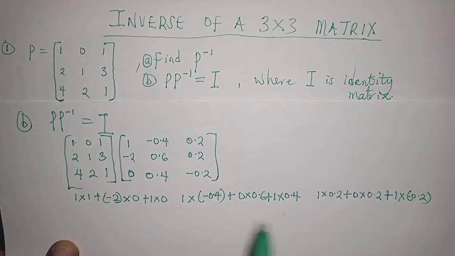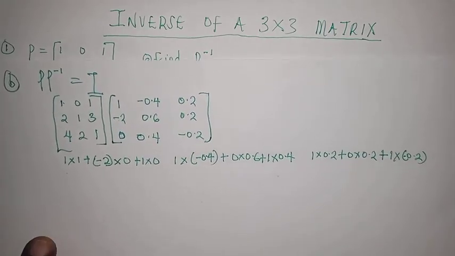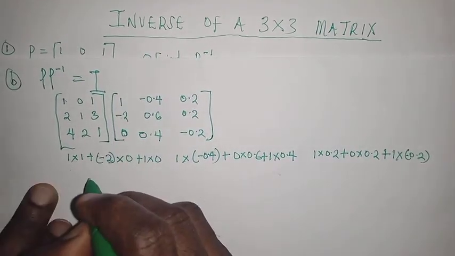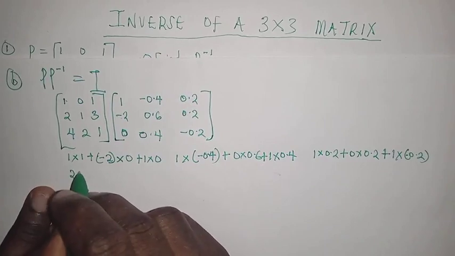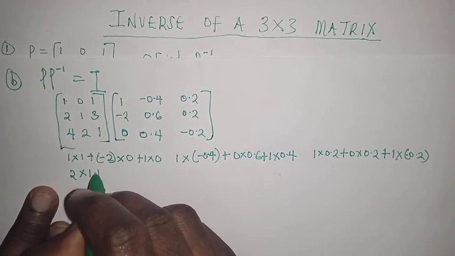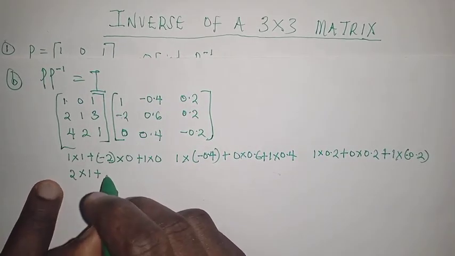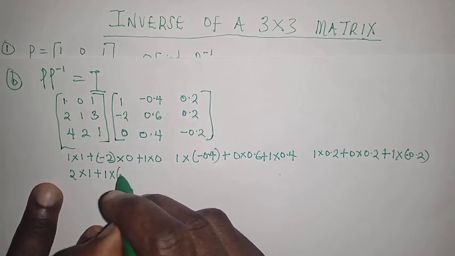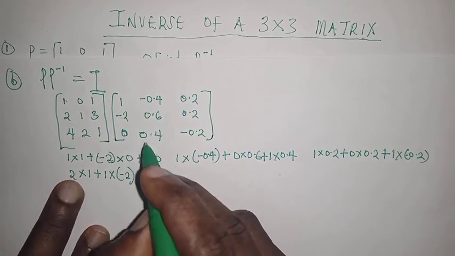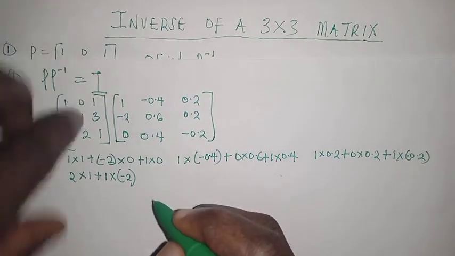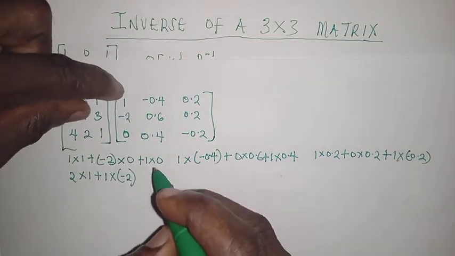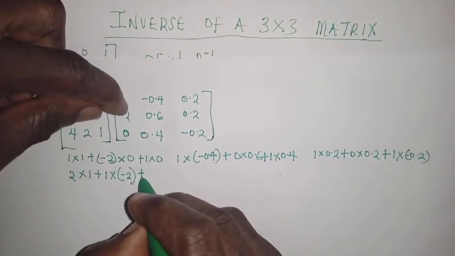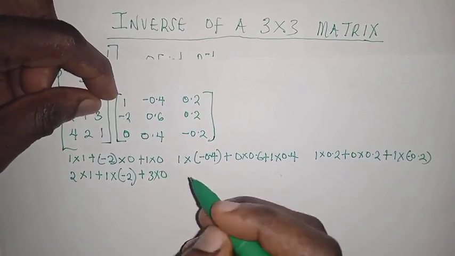The next one is 2 times 1 plus 1 times minus 2 plus 3 times 0.